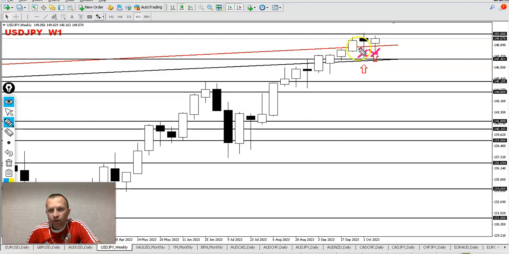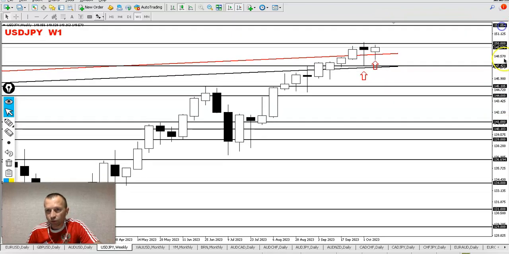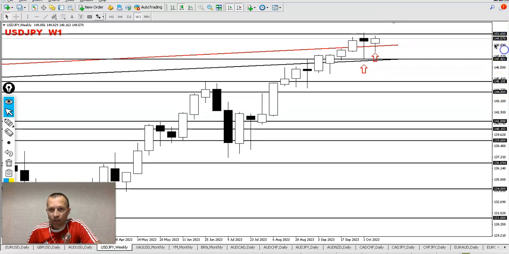But I think this is not the case, because we are in a nice uptrend, and I believe we're gonna see the breakout of 150 next week. Just monitor it, and it looks like buyers are ready to break through this level 150, and so the next level 152. I would recommend to buy on weakness.